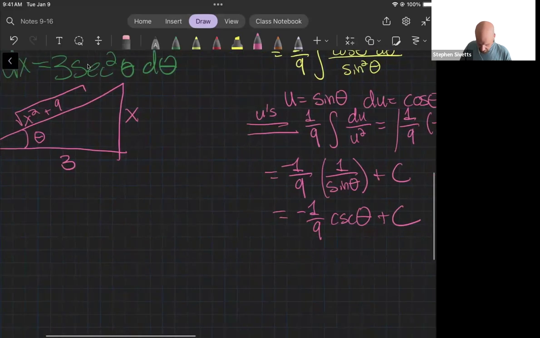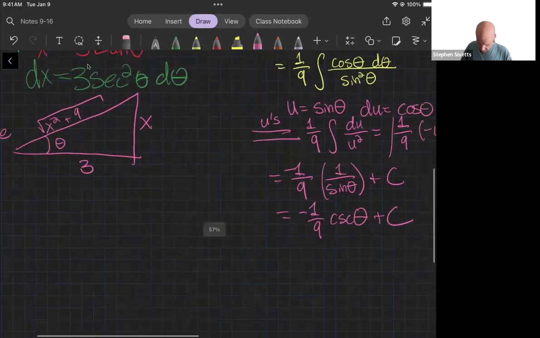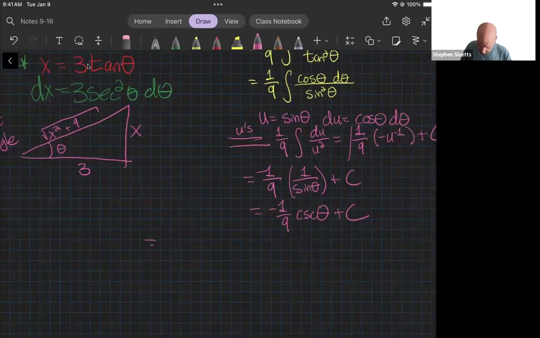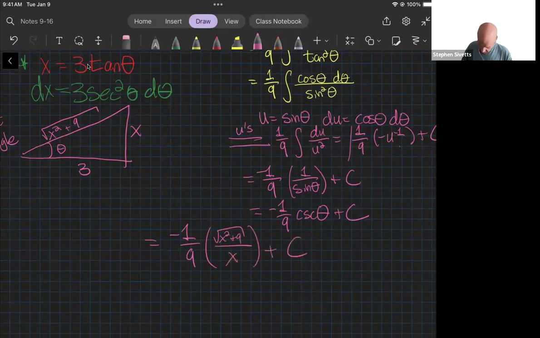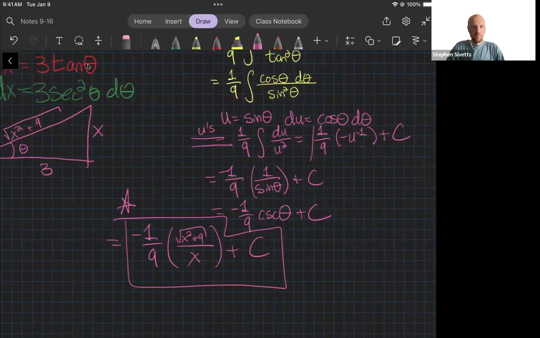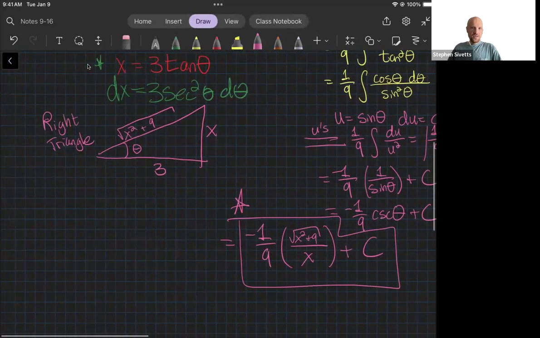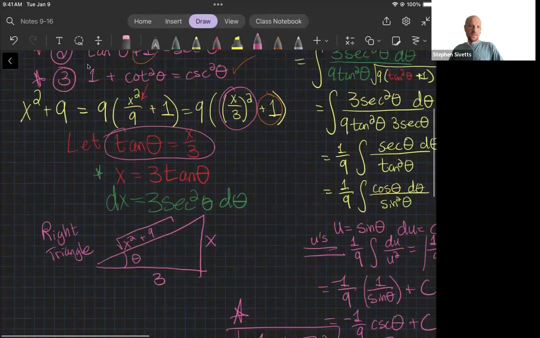So cosecant of theta, if I look at this right triangle, would equal minus 1/9 times the hypotenuse, the square root of x squared plus 9, divided by the opposite side, which is x, plus c. And that is the final answer to our integral. Okay? So this is just a fancy trig sub.